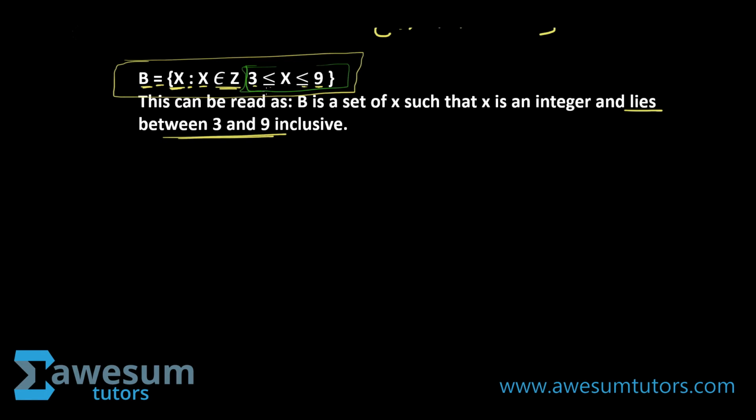First of all, let us interpret the first part that says 3 less than or equal to x. What does that mean? I can interpret this the other way around and say it means x is greater than or equal to 3. I can flip this sign because it says 3 is less than or equal to x.